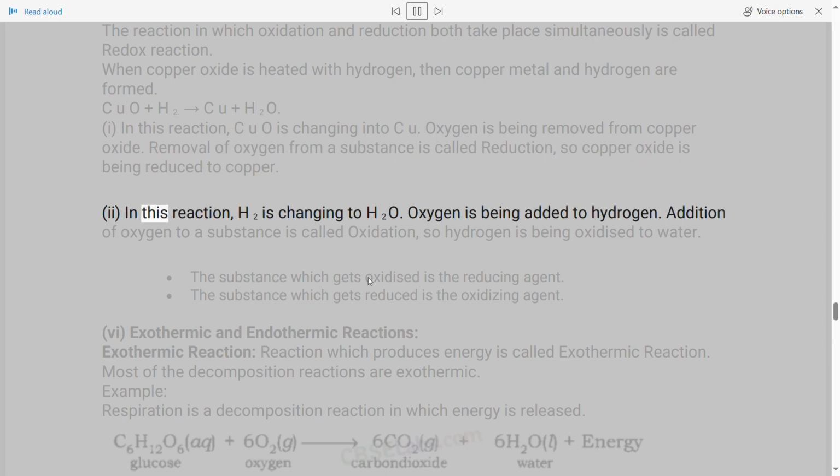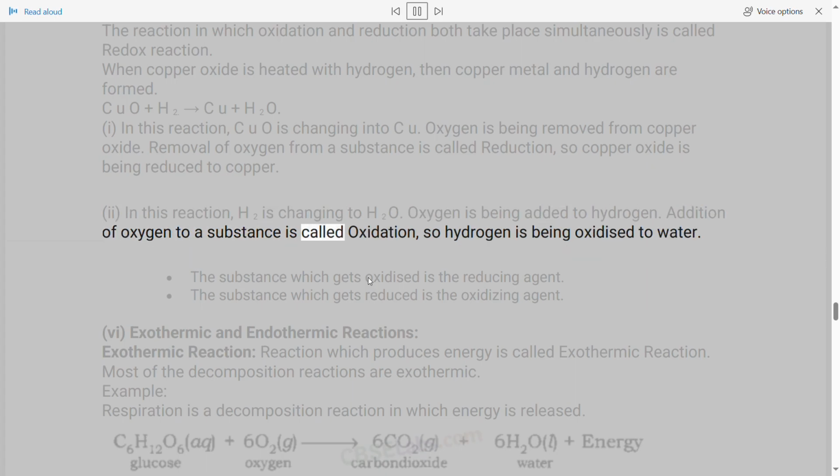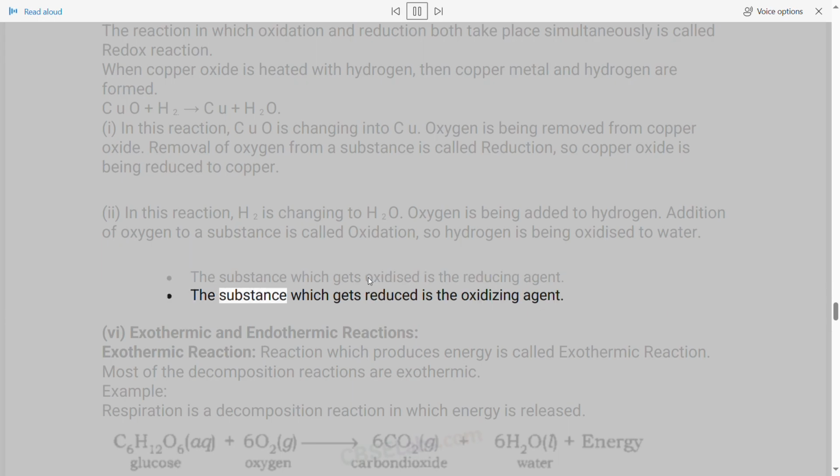In this reaction, H2 is changing to H2O. Oxygen is being added to hydrogen. Addition of oxygen to a substance is called oxidation, so hydrogen is being oxidized to water. Sometimes the substance which gets oxidized is the reducing agent. Sometimes the substance which gets reduced is the oxidizing agent.